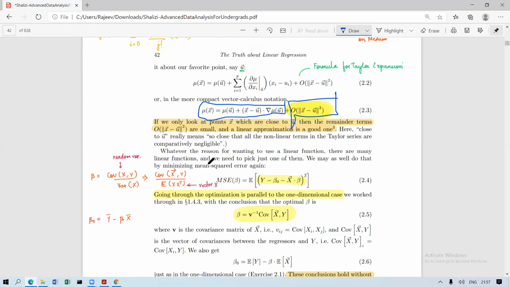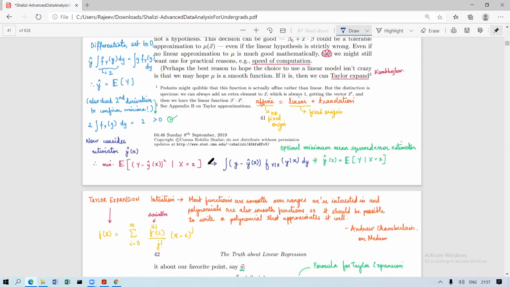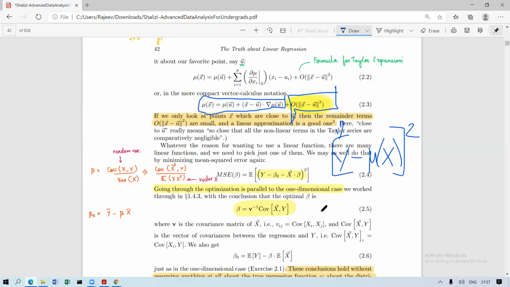So now we said y is... as we know, your mean square error would be y minus mu of x, the whole square, and mu of x is our assumption that it's beta 0 plus x beta. So this naturally follows.